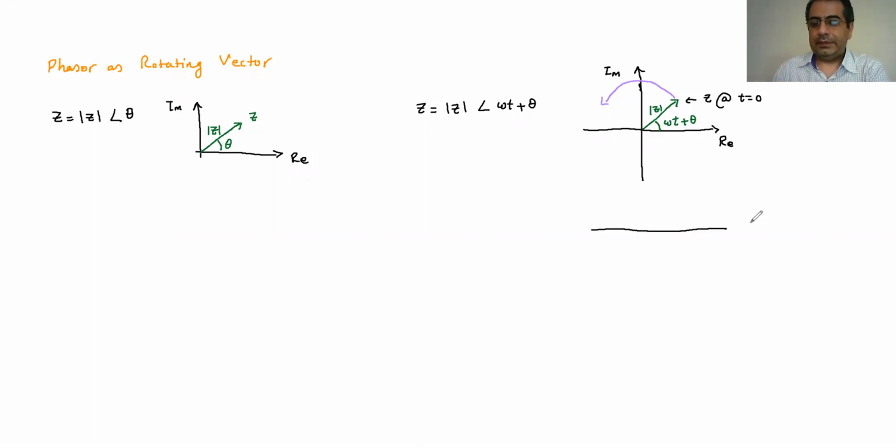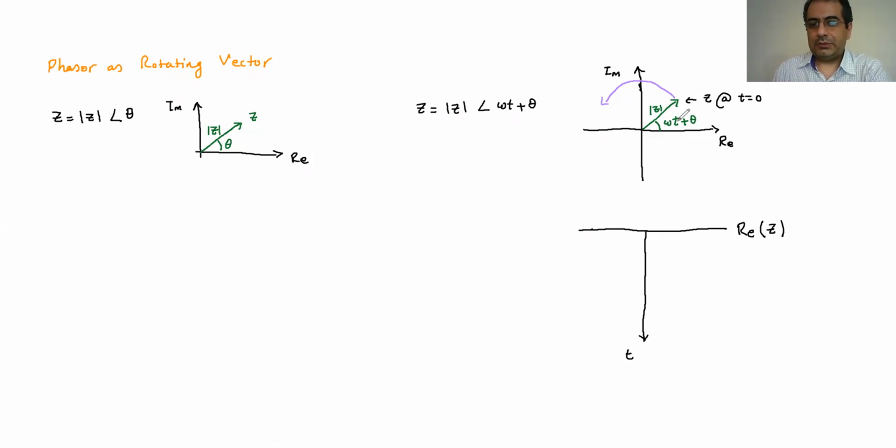So this is the real part of that vector, and this is the time. If this is going to be the time, and this is going to be the real part of the z, I'm going to project every point from there to this location.